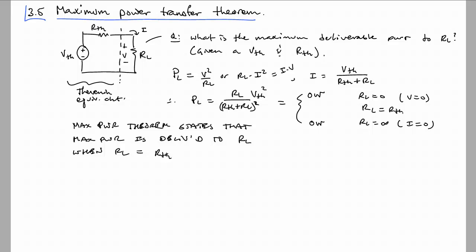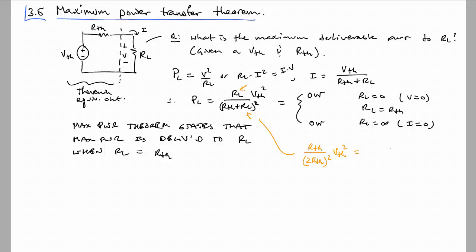We're going to plug in R Thevenin for the two loads here. Right, so we're going to have R Thevenin, let me just do it over on the side, R Thevenin over R Thevenin plus R Thevenin, so 2 R Thevenin quantity squared, times VTH squared.